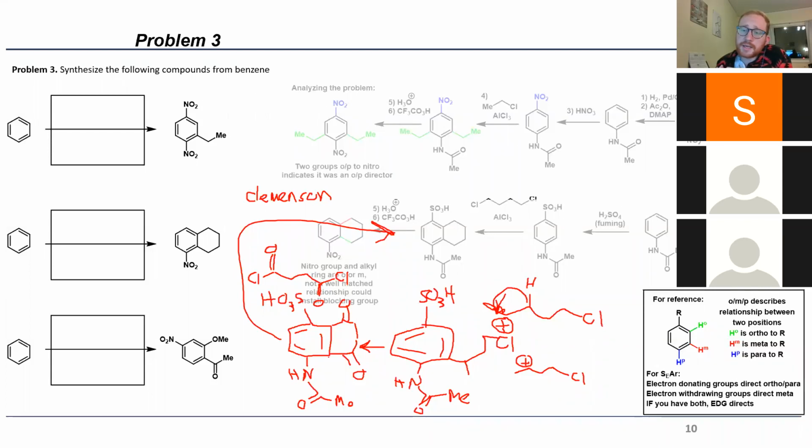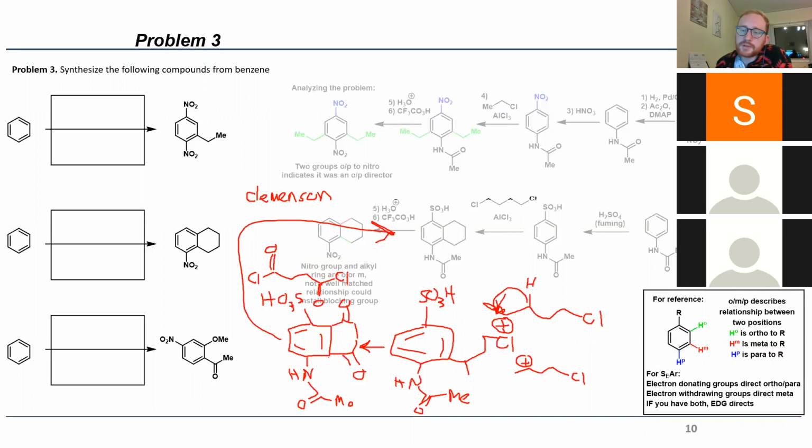It has to be aqueous acid conditions. And so the Clemmensen reaction can be done under not vigorous aqueous acidic conditions. It might remove the protecting group, but wouldn't matter so much.